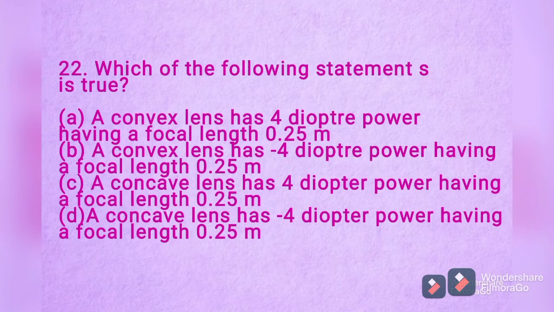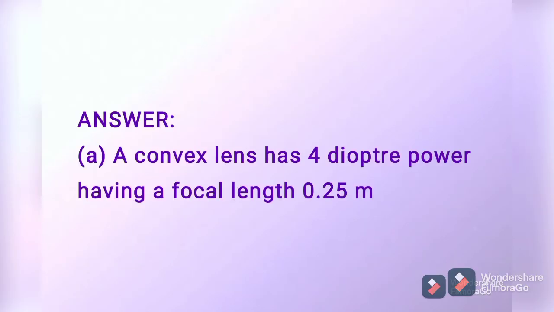Option D, a concave lens has -4 diopter power having a focal length 0.25 meter. And the answer is option A. Convex lens has 4 diopter power having a focal length 0.25 meter.